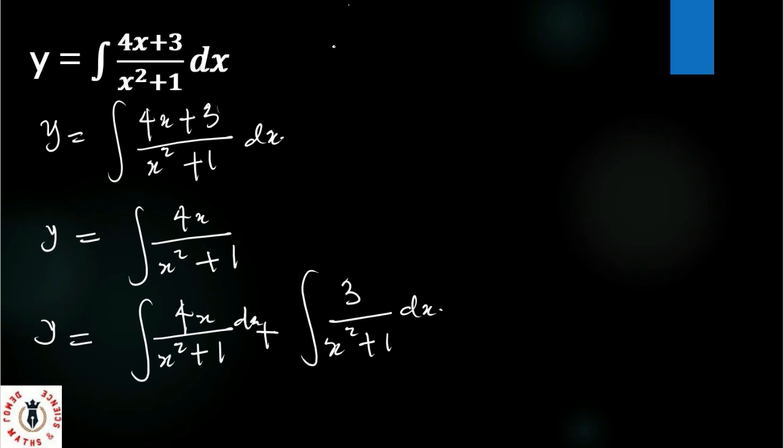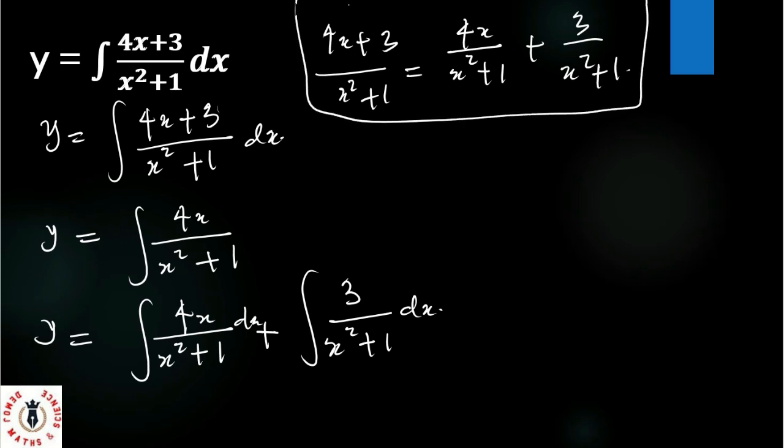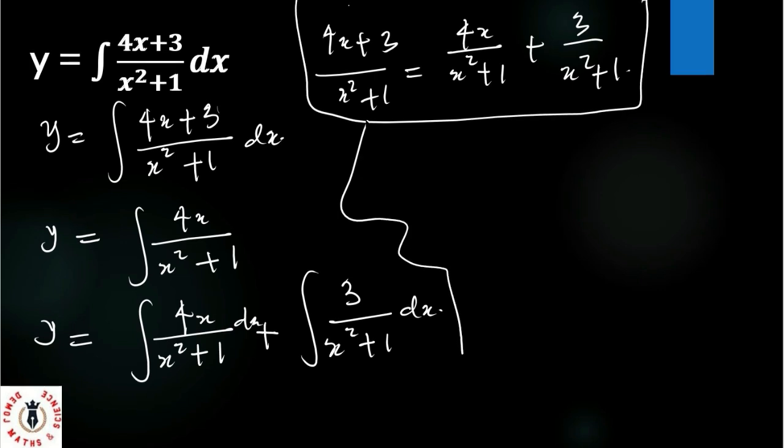All I've just done is pick 4x plus 3 over x squared plus 1 and break it down into its various components. This is equal to 4x over x squared plus 1 plus 3 over x squared plus 1. Now, to make our work easier, let's get into solving them one by one.